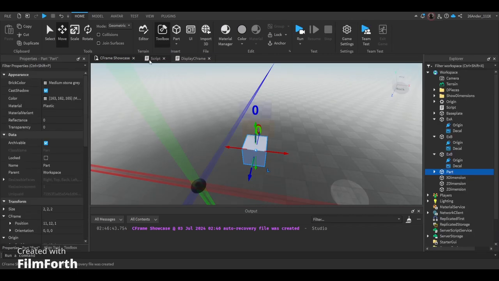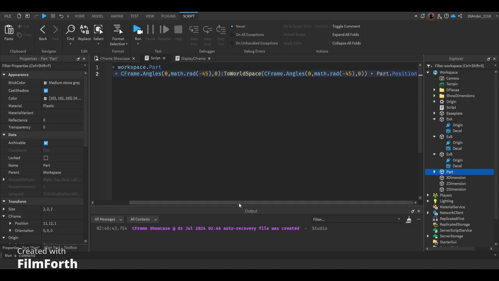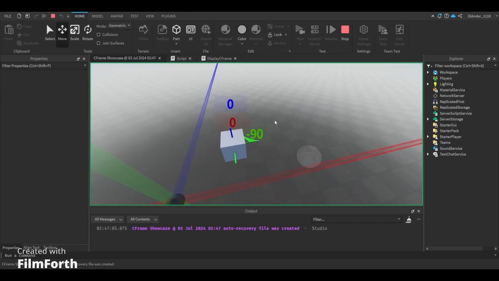Alright, I forgot. Okay, that's an example of what happens if you don't add a new Vector3 of the part's position. Since a CFrame is also the position, it will set it back to the origin by default if you don't have a position already put in your CFrame. So now that makes it negative 90 degrees.